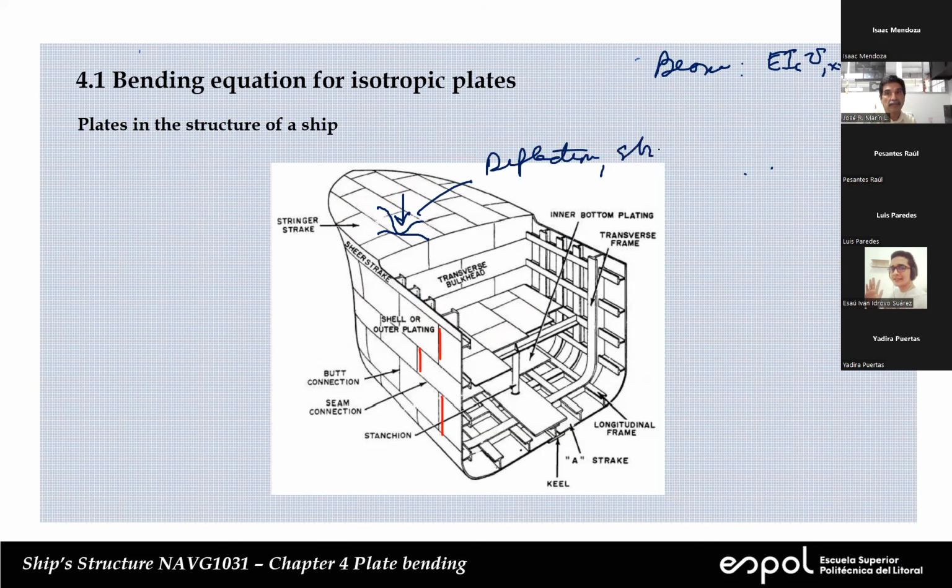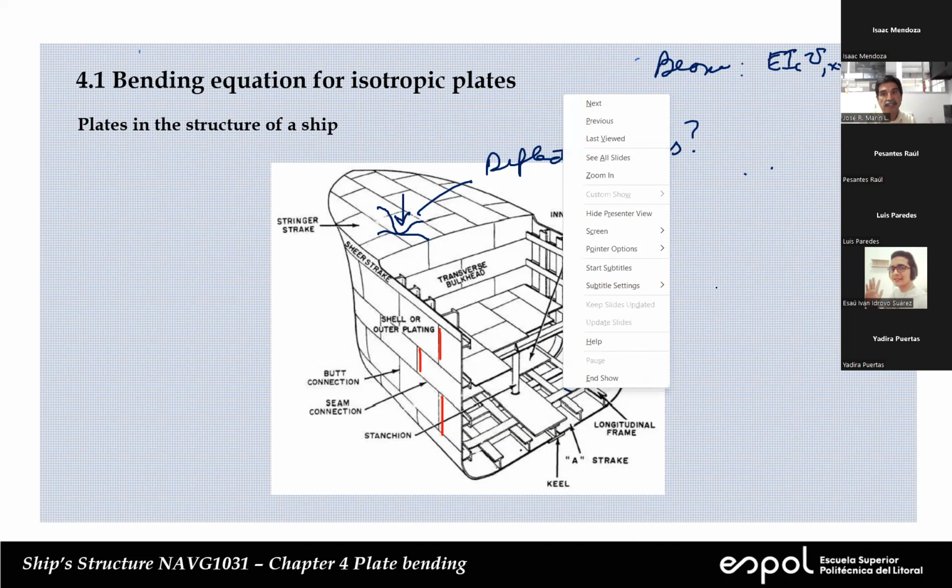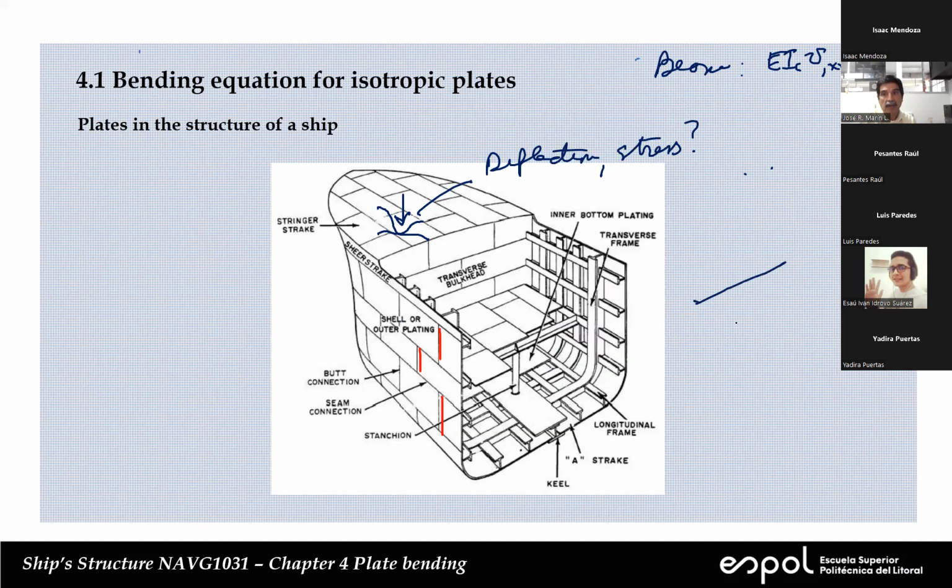Deflection, stress, we need to calculate that. Okay? Now, before we go on, that's something that we need to differentiate. Okay, we're going to have a plate. Okay, in a minute, we're going to include the reference system.